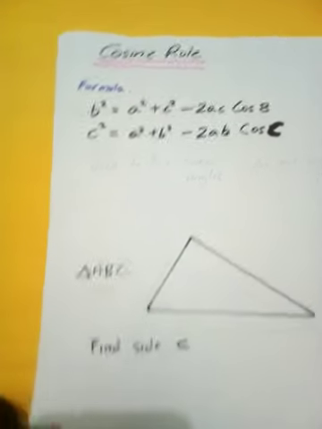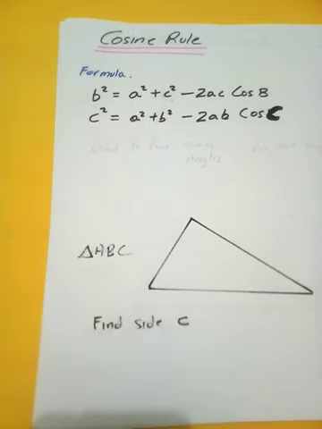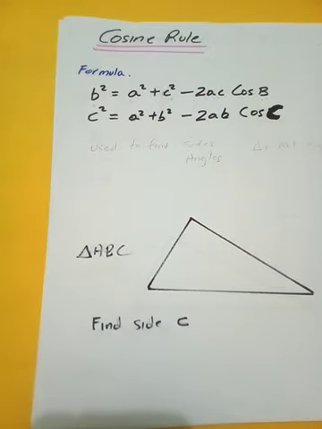Let's say we have triangle ABC here, and we want to find side C. I want to create the cosine formula using this triangle.